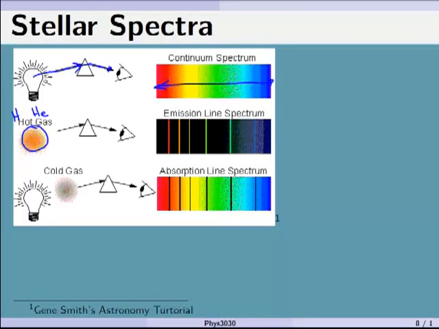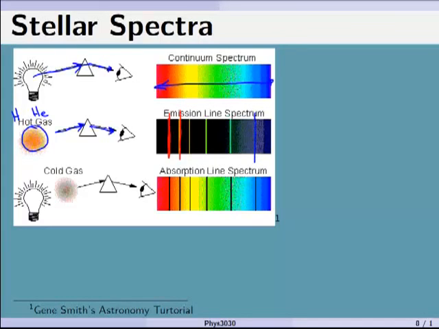So the light comes through here, and when we spread it out, all we see are these specific emission lines at different places. I just painted over an orange one, and on the other end over here, there's a blue one.